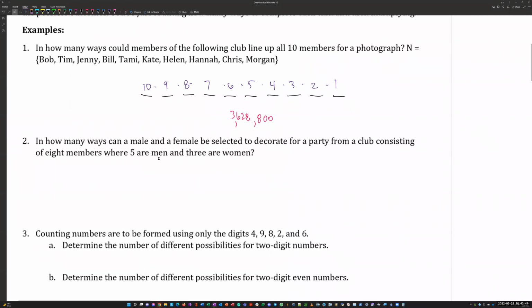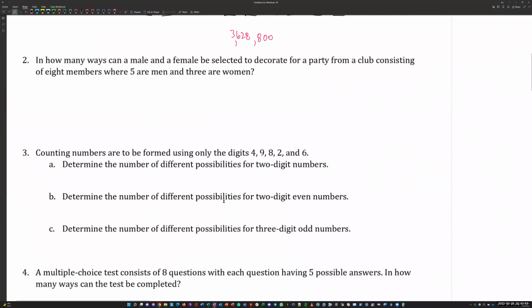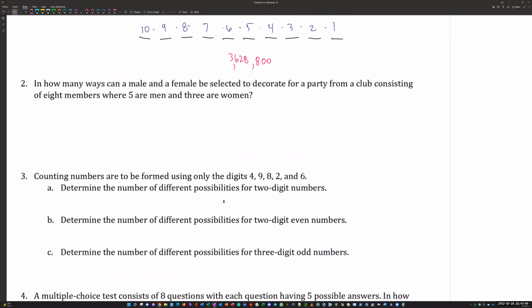In how many ways can a male and a female be selected to decorate for a party from a club consisting of 8 members in which 5 are men and 3 are women? What would you say? We would do the 5, 4, 3, 2, 1 for the men, and then the 3, 2, 1 for the women, and then you multiply the two.